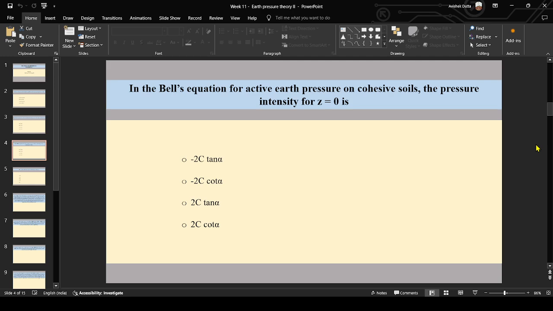I'll repeat the question. In the Bell's equation for active earth pressure on cohesive soils, the pressure intensity for Z equal to 0 is option 1 minus 2C tan alpha, option 2 minus 2C cot alpha, option 3 2C tan alpha, option 4 2C cot alpha. Next question.